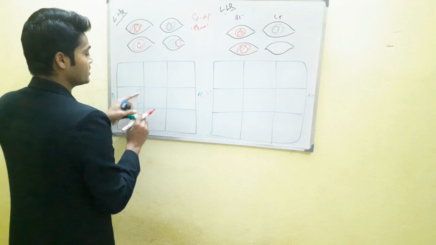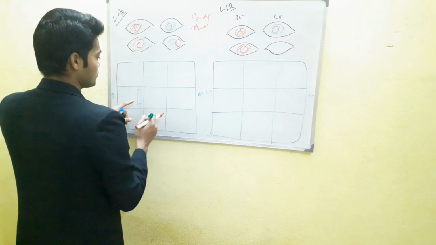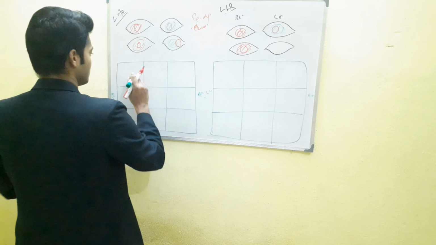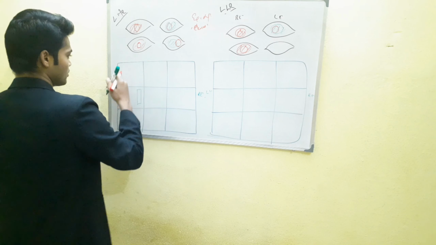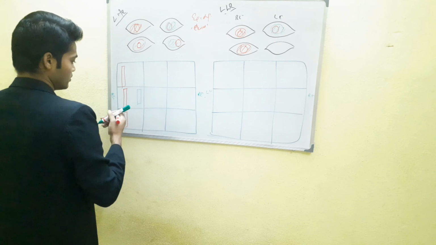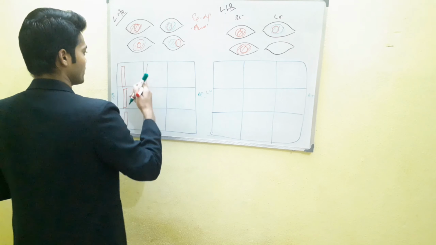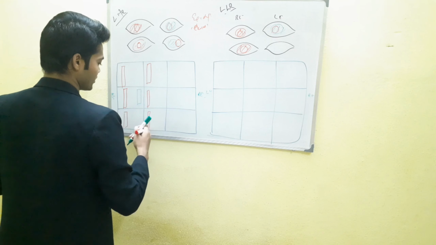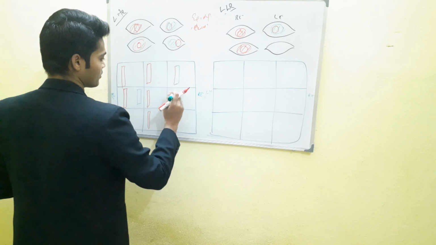And if this is the medial rectus muscle, what will happen? This part is more affected, meaning red remains in position. This is the left part, this is the medial rectus, red remains in position and only green is affected.